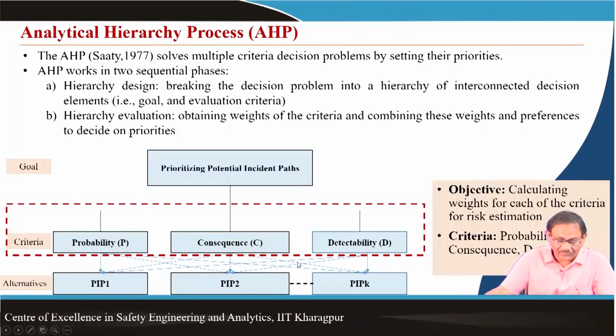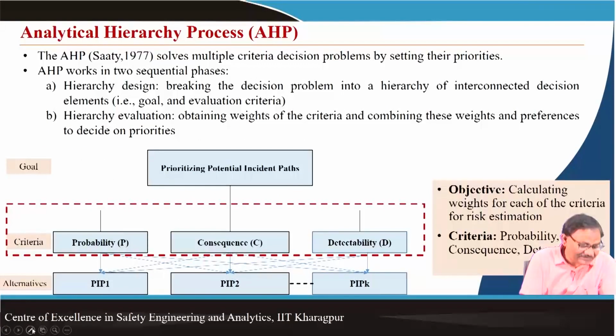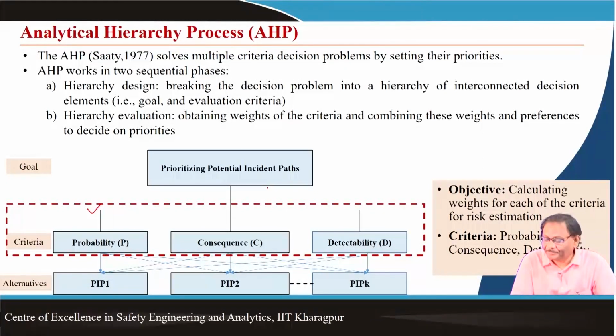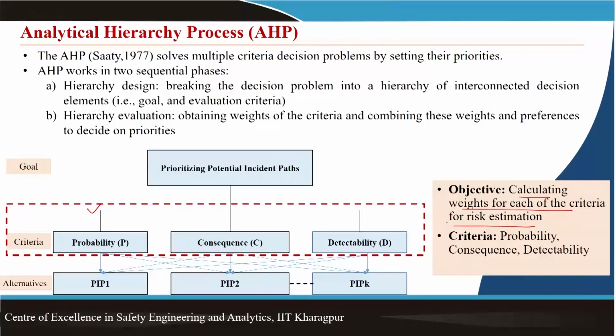We want to use AHP to calculate the weight of each of the criteria for risk estimation, and then when I select the alternatives, that is the traditional way: the one with the highest risk value, that way we will rank it. But for this particular lecture we are using AHP for this purpose only.